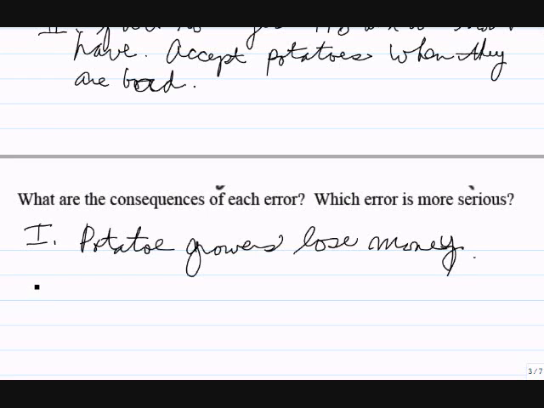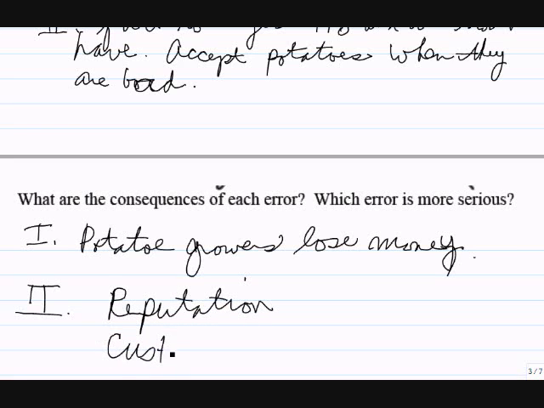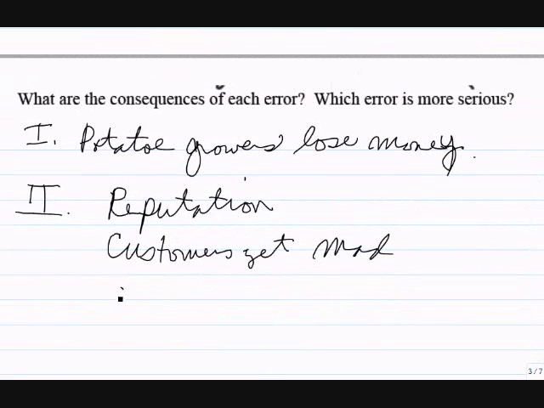Okay. What are the consequences of a type 2 error? With the type 2 error, we have accepted this whole batch of potatoes, and there's a bunch of bad potatoes in this truck. Reputation. Customers get mad. We've made a bunch of bad bags of potato chips.